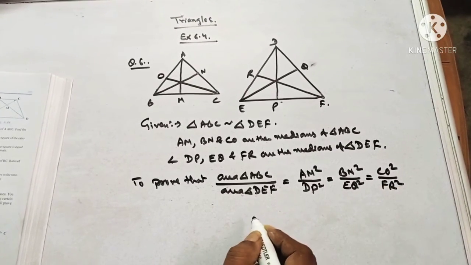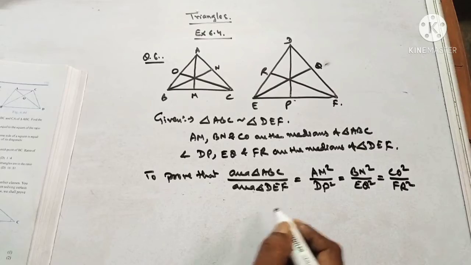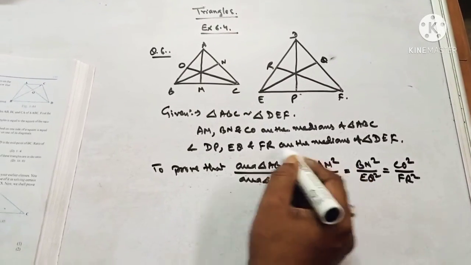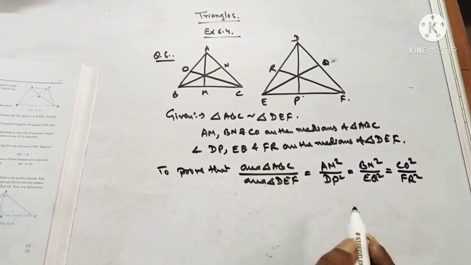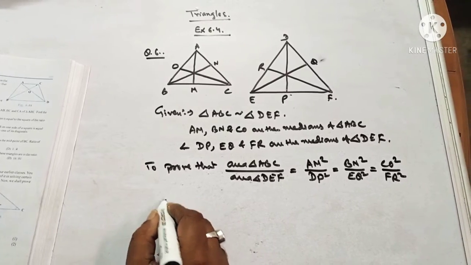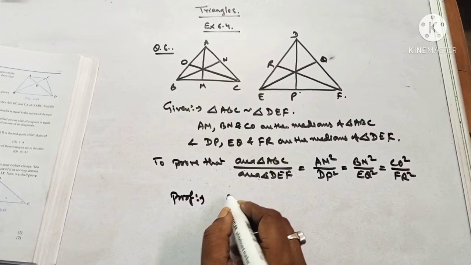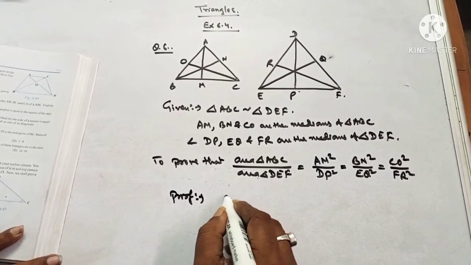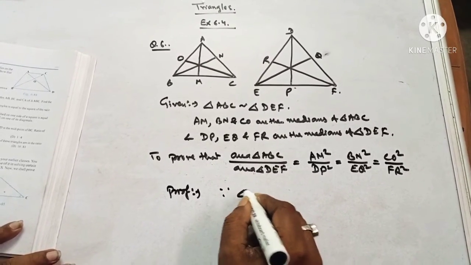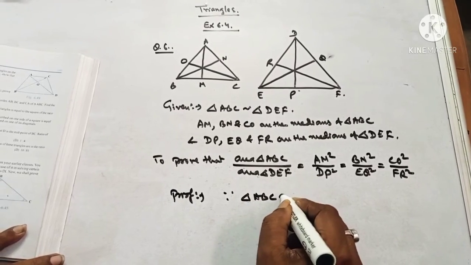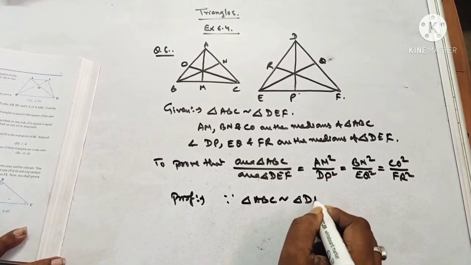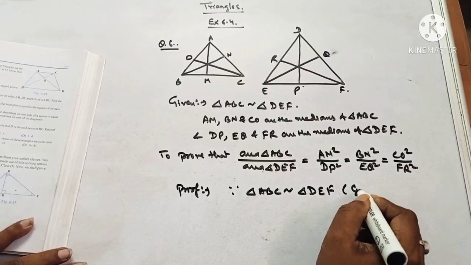I actually have to prove this very statement, but I am going to prove only one part of it, and similarly I will write for the others. So proof here, since triangle ABC is similar to triangle DEF, this is given to you.